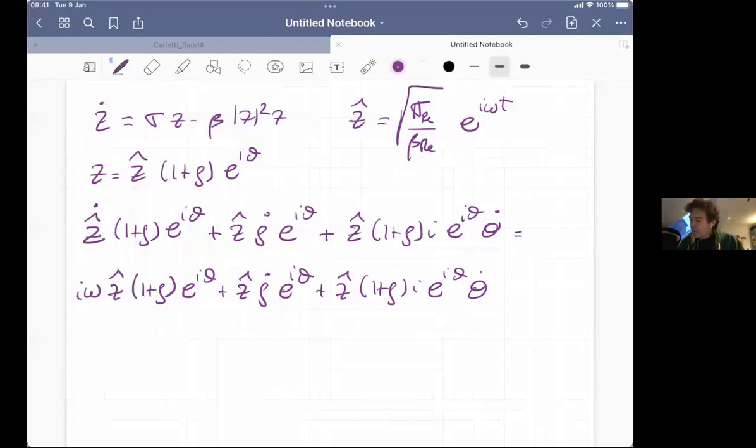Okay, I continue on this page. So I have sigma Z hat (1 plus rho) e^{i theta} minus beta. Now you have to take the modulus.